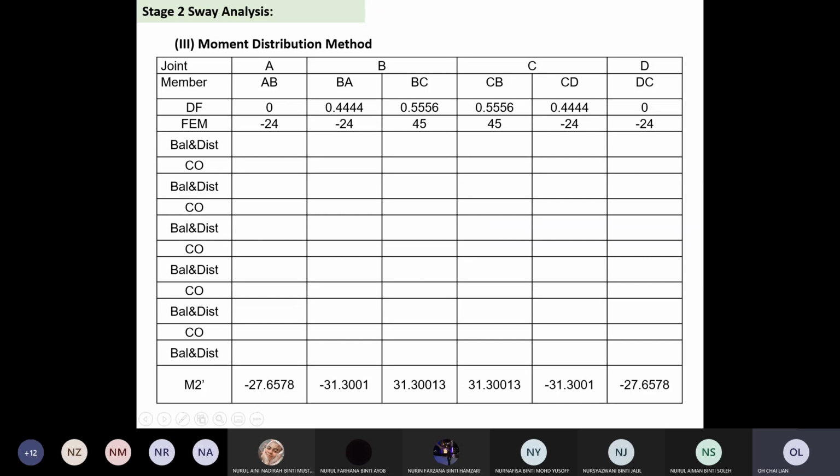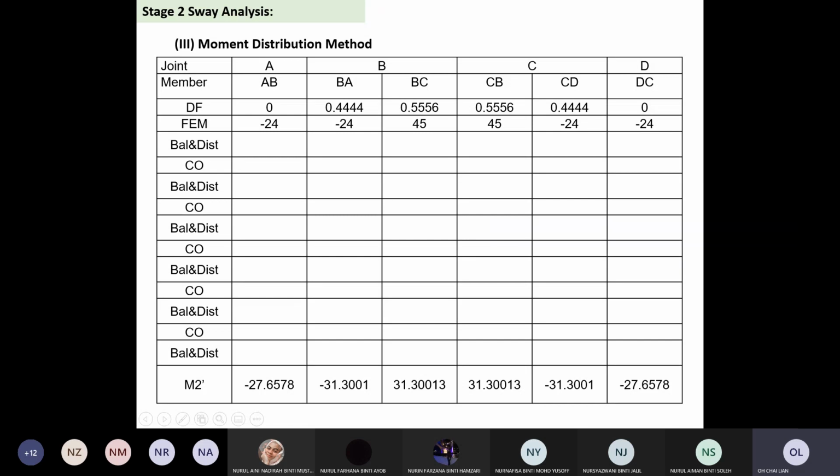Okay, for those who are not done, tidy up your calculation, you can finish later because I would like to continue to finish the process. I hope you have obtained the value in moment distribution table number 2.